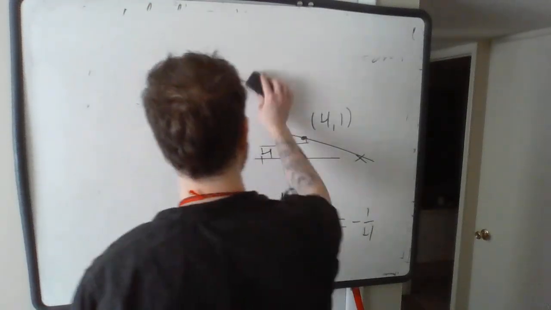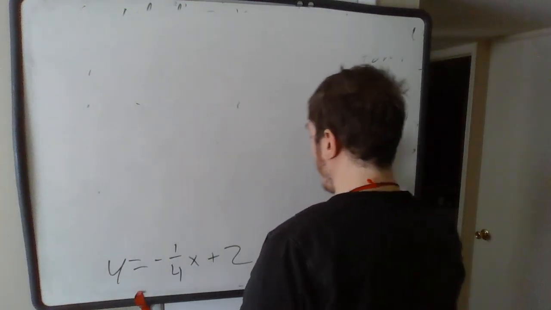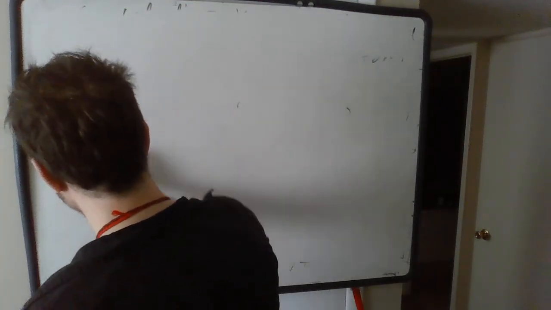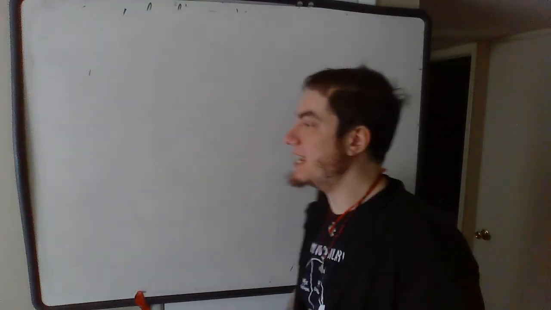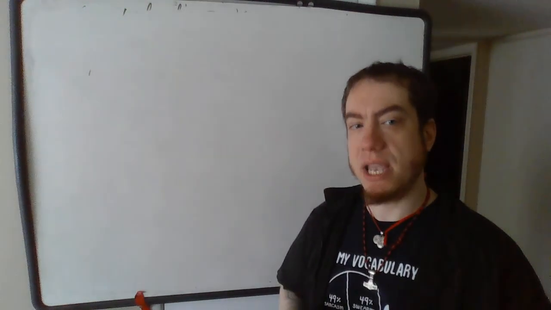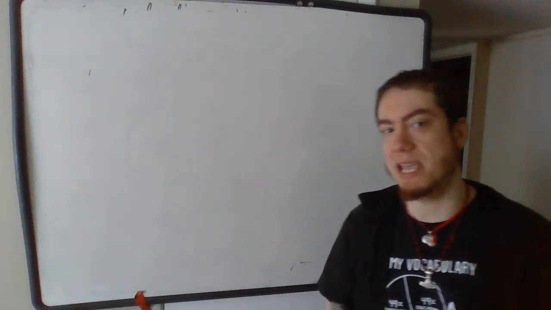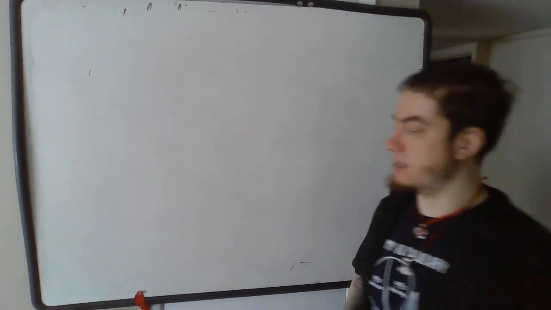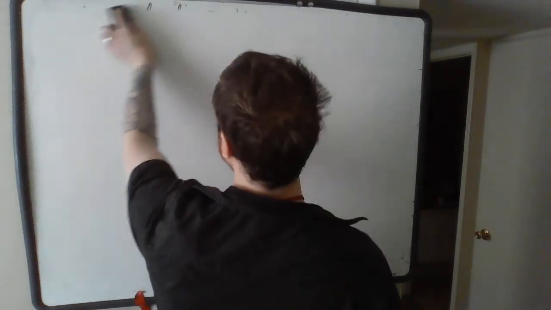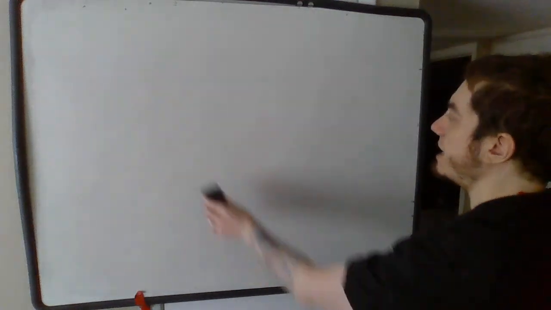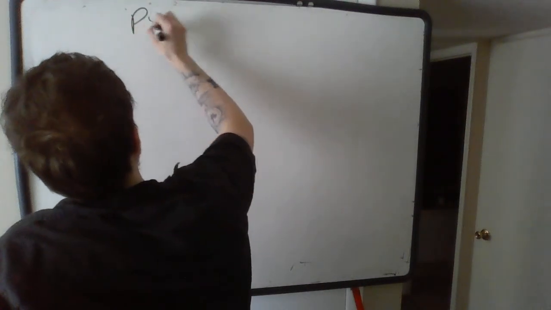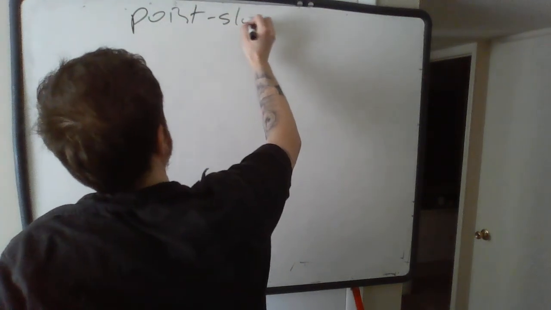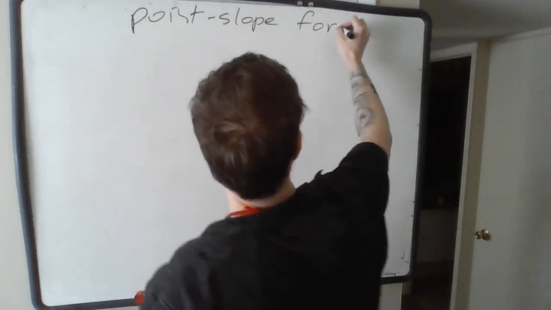There is another form for lines which is a more complicated form, but what's nice about this form is that working with it can actually be more straightforward, even though it is a slightly more complicated form. And this other form of the line is called the point-slope form.